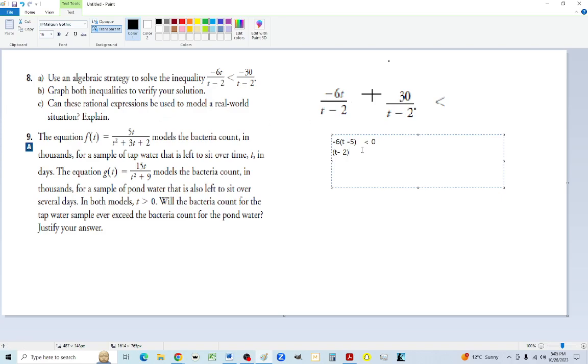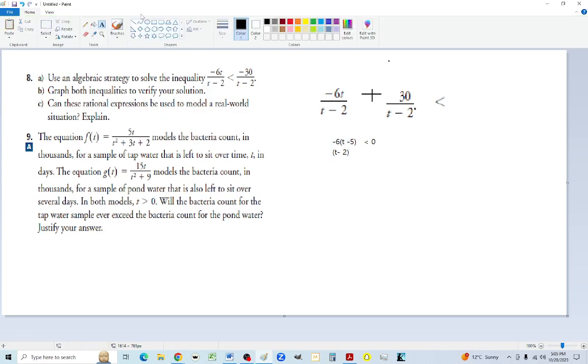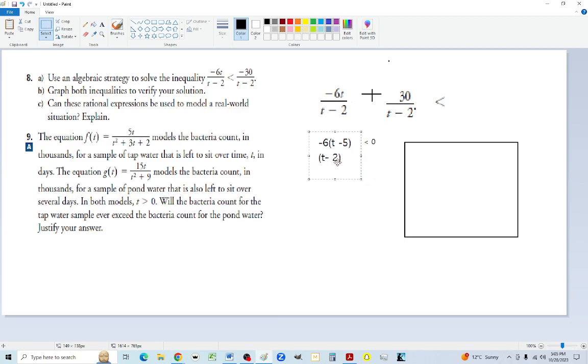There's going to be a vertical asymptote at x equal to 2, and an x-intercept at 5, 0. So if we make a table here, we put these terms at the end, and then I put the minus 6 as a separate one.